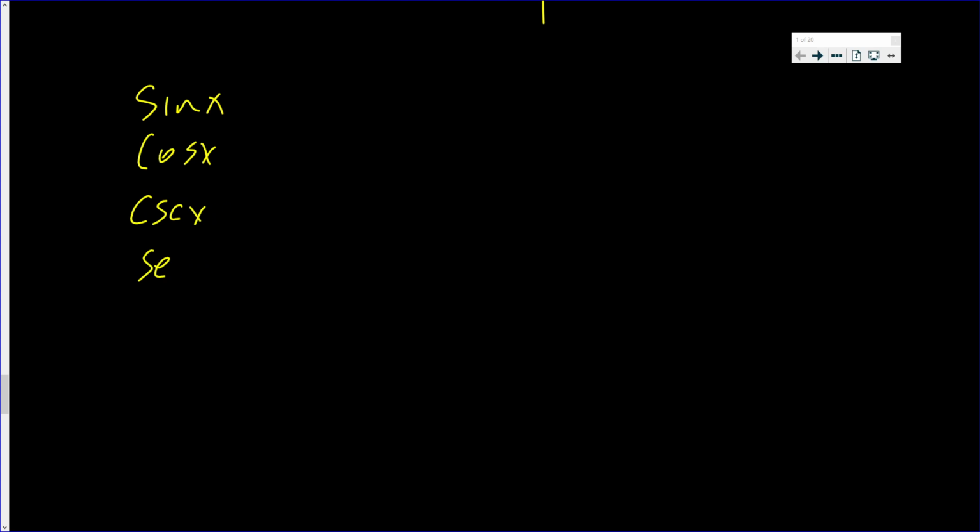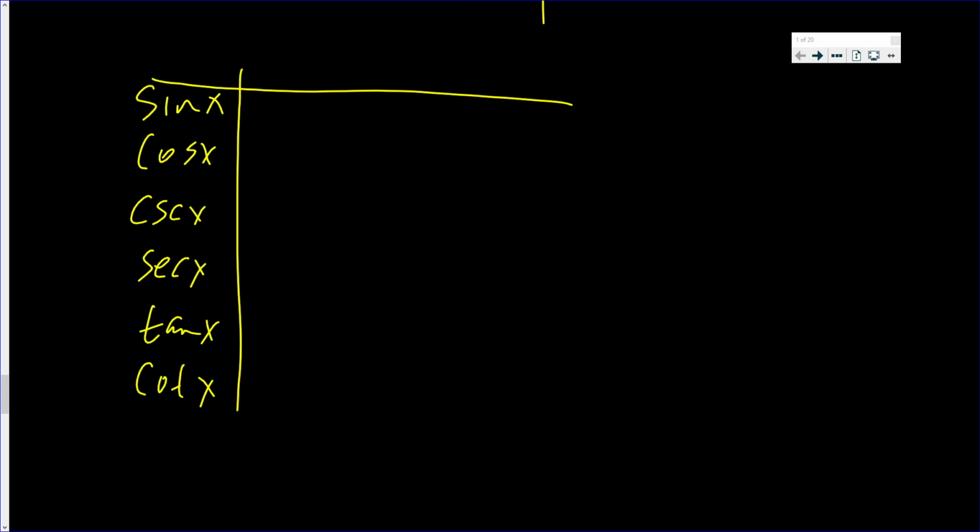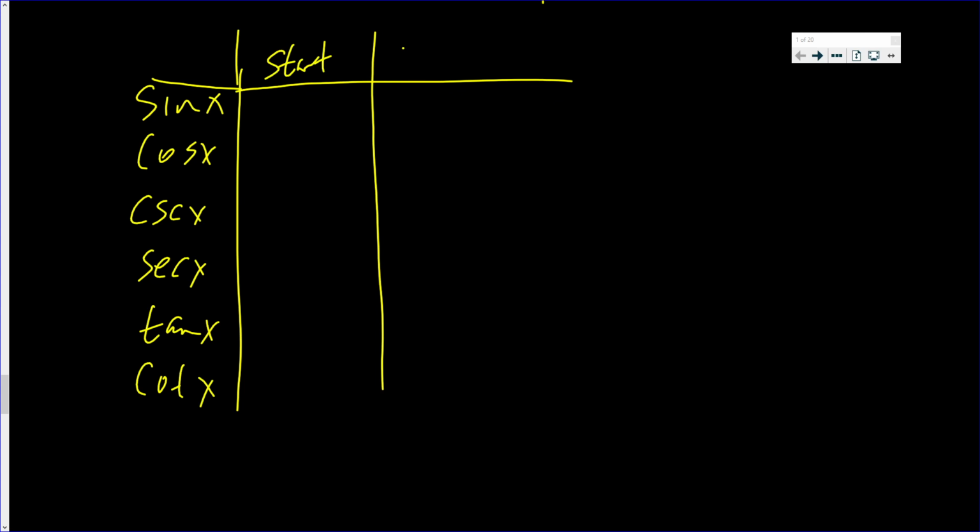Cosecant x, secant x, tangent x, and cotangent x. And along the top, we're going to put where it starts and where one period finishes. Where does one period start and where does that period end?